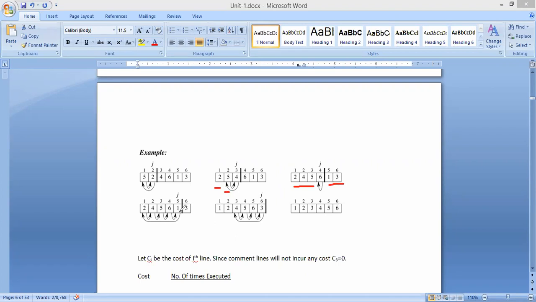The key is 6 now. Initially the key was 5, and it was swapping until it stopped; then the key becomes 6. Now 6 and 1 are compared, and it is again added at the first place. In this way, in a few steps we are able to sort.